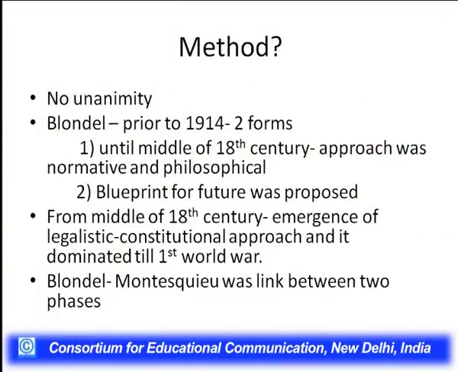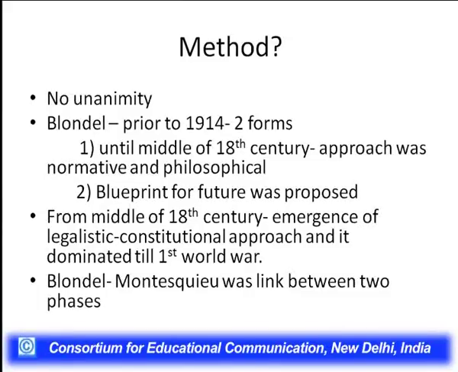In this approach, often a blueprint for the future used to be proposed, that is, what type of future could be built through the ideas integral to this area called comparative politics. So a blueprint for the future, the construction of an ideal type, often used to be a mission.